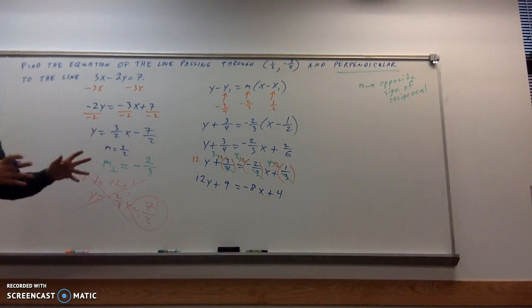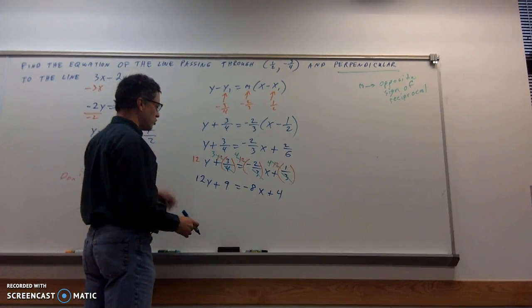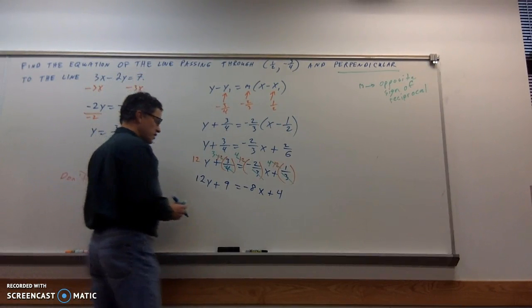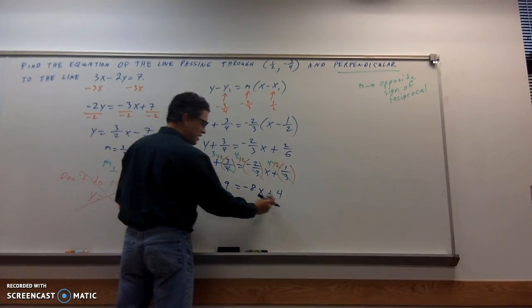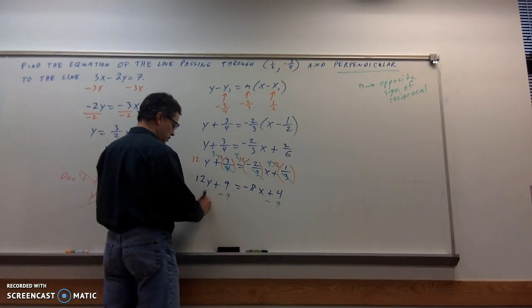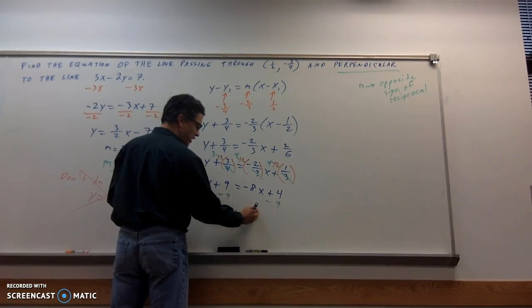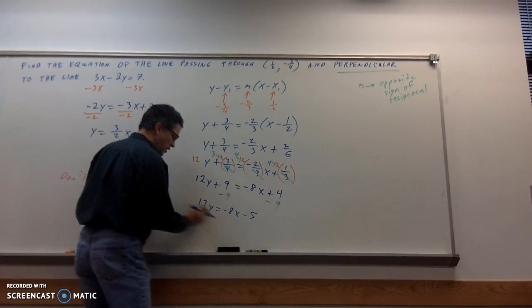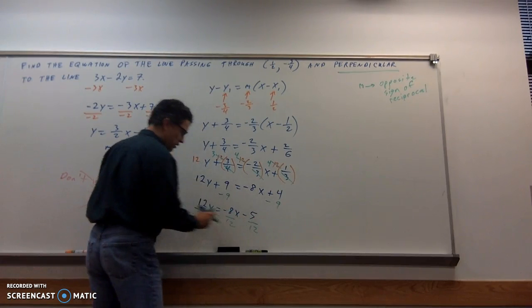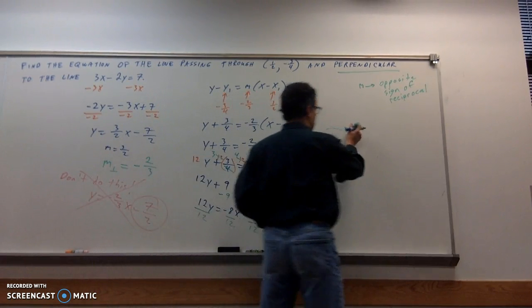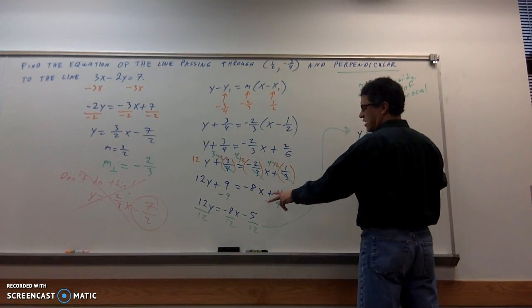All right, so the fraction's cleared out. Now it's just a matter of finding the equation of a line, so it's just a matter of solving for y. I'm going to subtract 9 from both sides. 12y equals negative 8x minus 5. I'll divide everything by 12, so y equals negative 8/12 x.